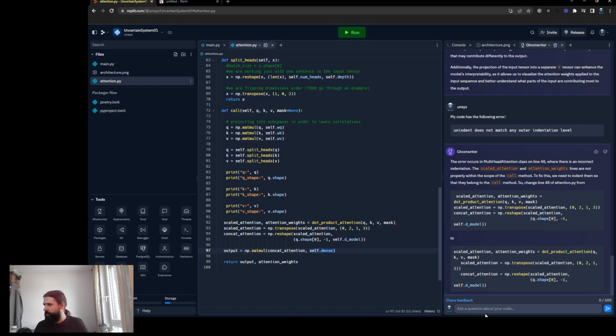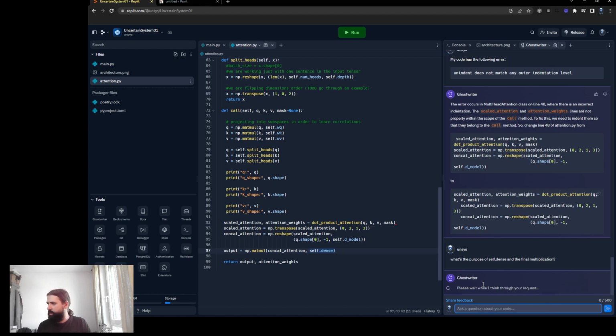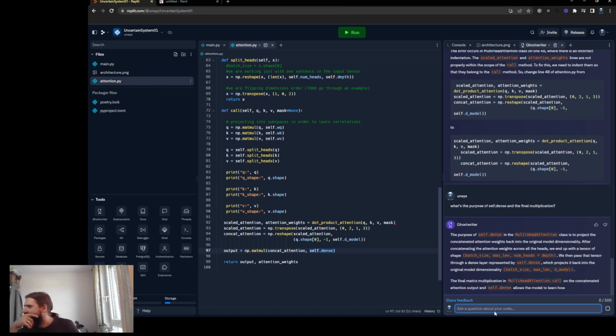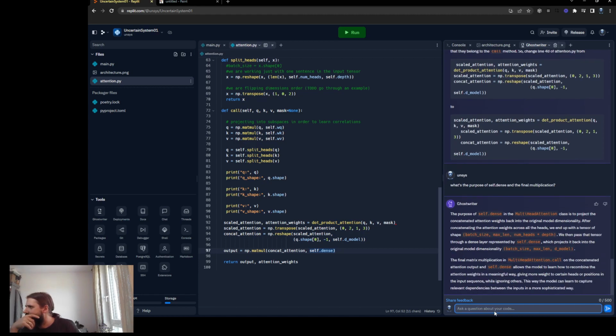What is the purpose of dense? To project the concatenated attention weights back into the original model dimensionality after concatenating the attention weights across all the heads. Okay. A dense layer, which projects it back into the original model dimensionality of batch size, max length, d model.